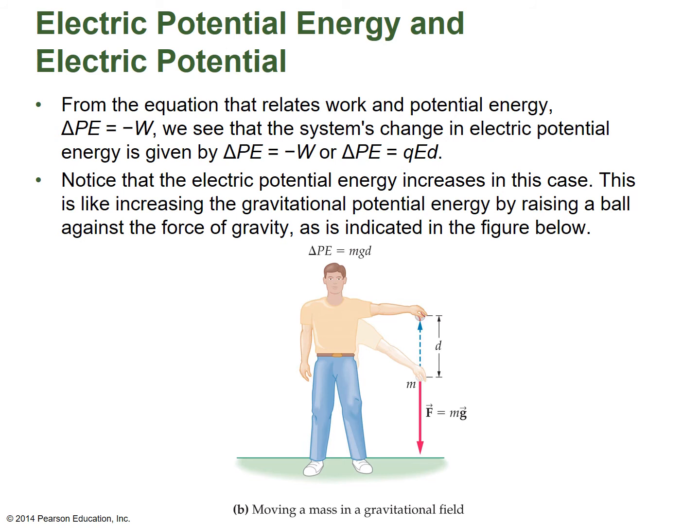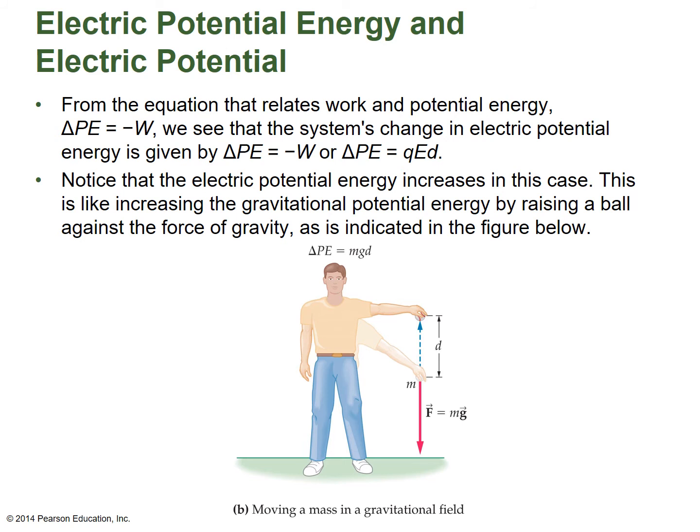Let us also look at this example to figure out the close relationship between what happens to a charge moving in a uniform electric field and a mass moving under the influence of a gravitational field. From the equation that relates work and potential energy, you should understand that work done is always equal to the negative of the change in the potential energy.